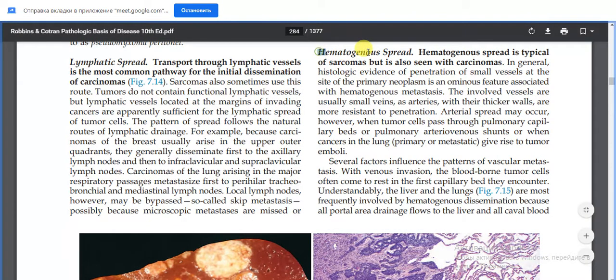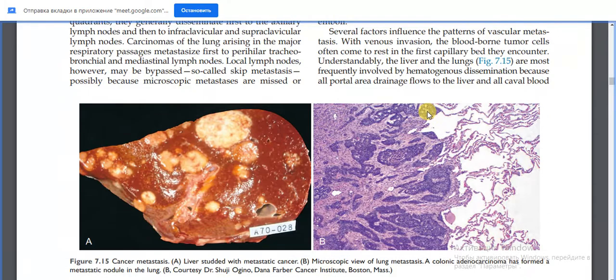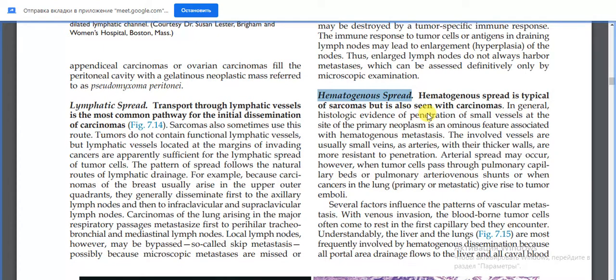Then hematogenous spread. So how do tumors spread by blood? Very easily. When local invasion reaches the blood vessels of loose connective tissue, it can penetrate the blood vessel, and then a little metastatic thrombi happens. We discussed it in the thrombosis topic, that among emboli we have metastatic emboli.